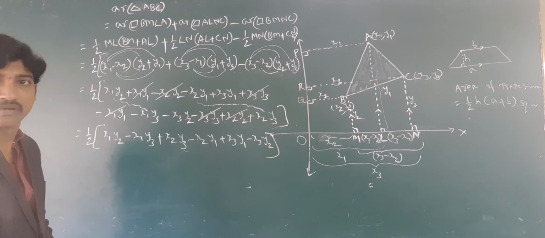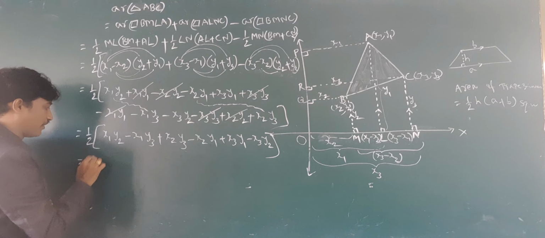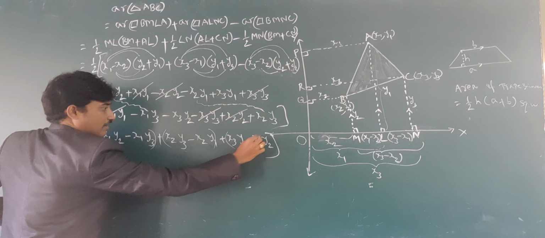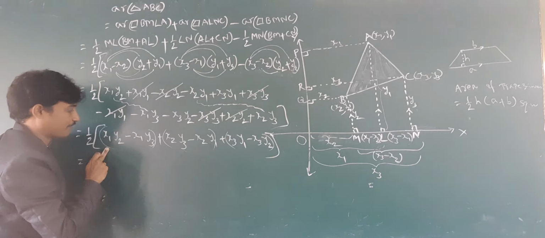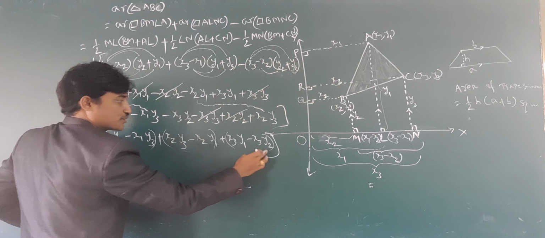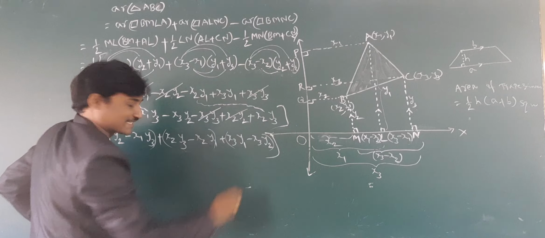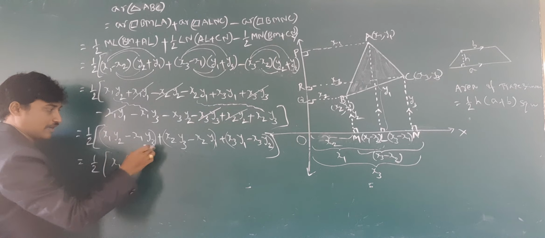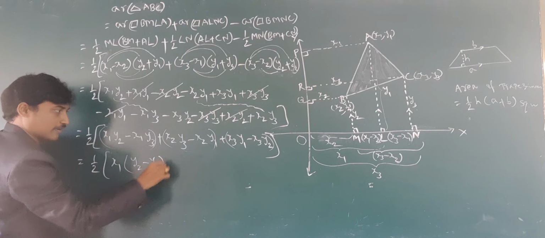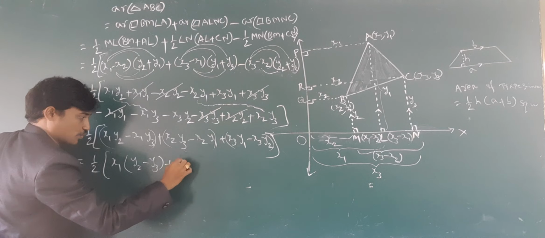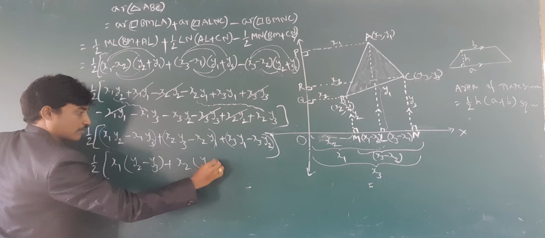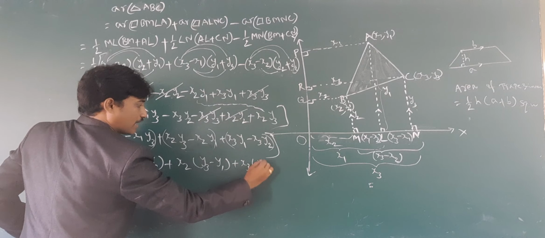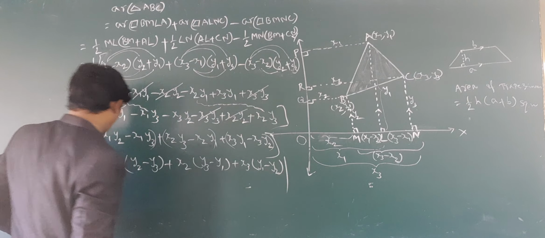Taking these pairs, we can take x1 common from the first two, x2 from the next two, and x3 from the last two.